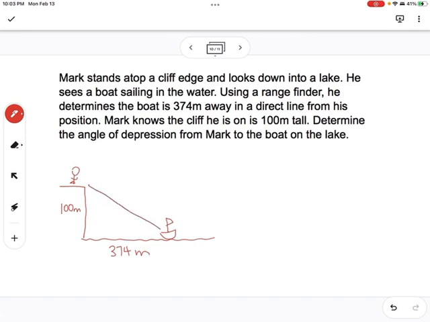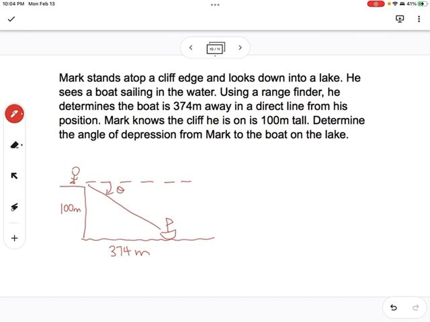So this is creating a triangle, and our horizontal is here. This will be our angle of depression, from the horizontal to the boat.